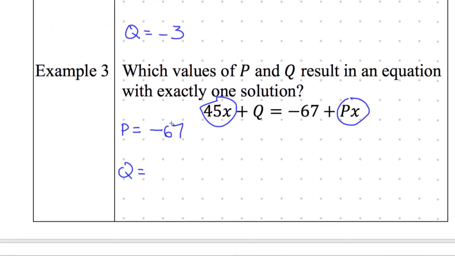So any number aside from 45, and maybe you want to add that to your notes too. Any number aside from 45 would have worked. Let me erase that.